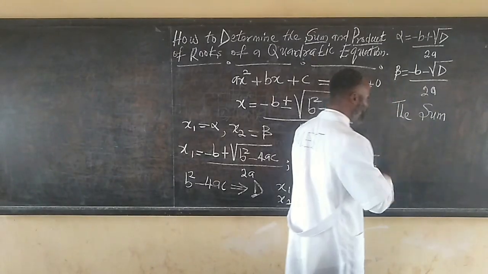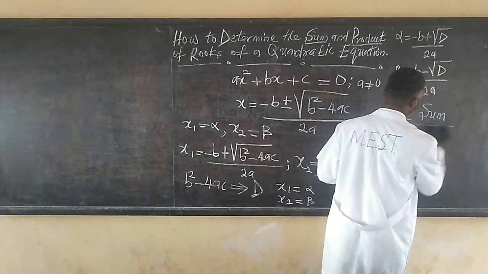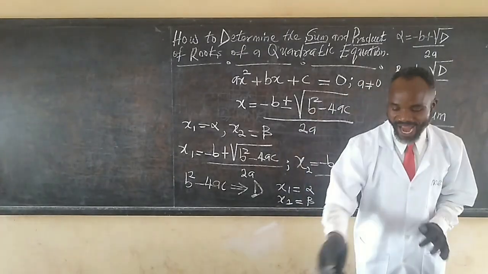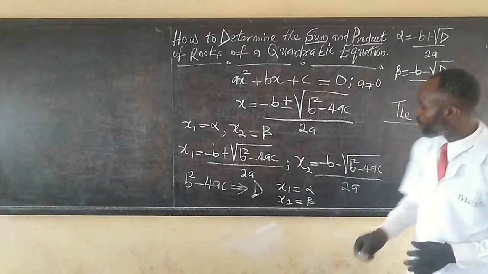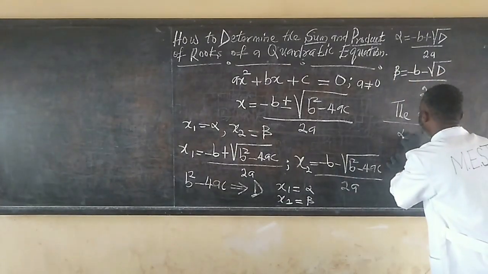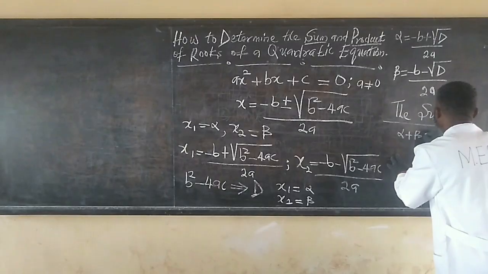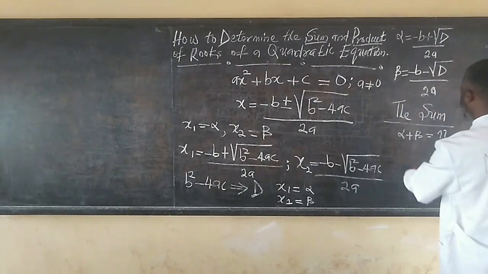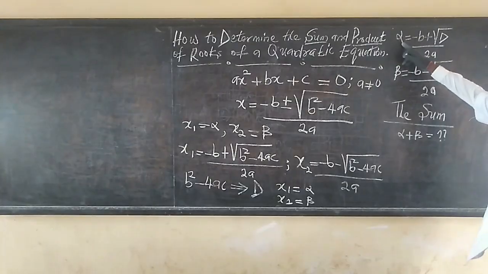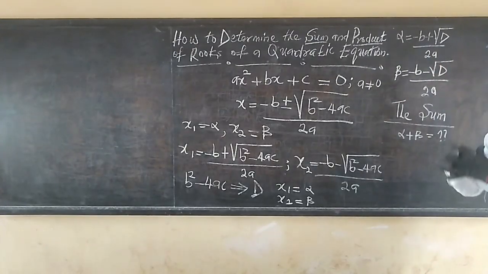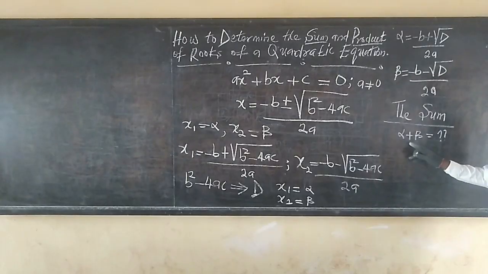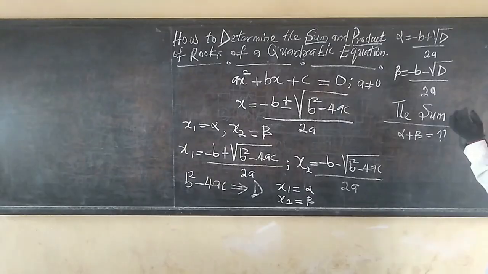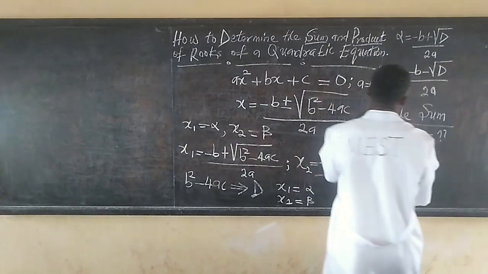The sum simply means if we add alpha and beta, what do we get? If we sum alpha and beta combined, using the operator plus, what do we get? Let's see.